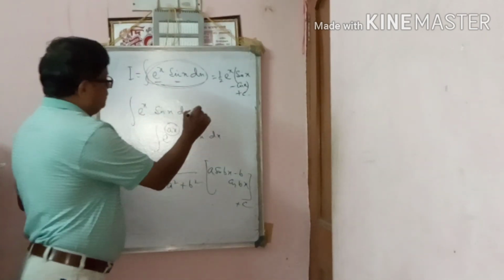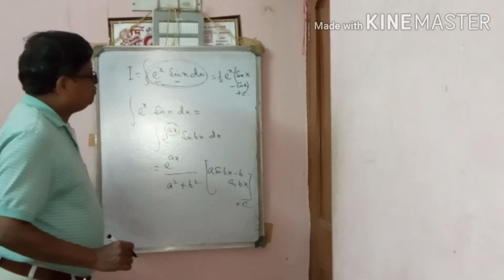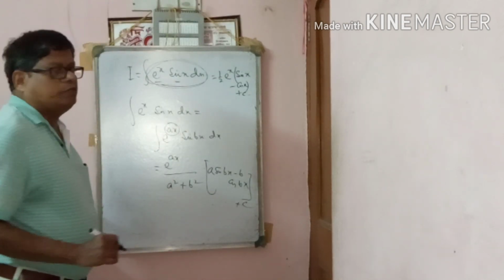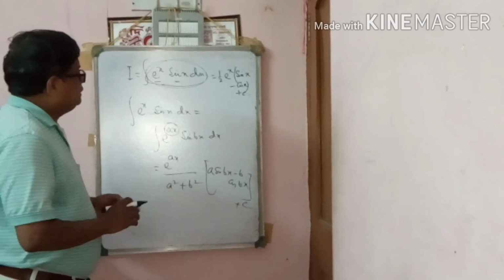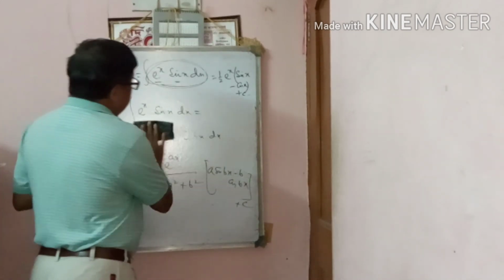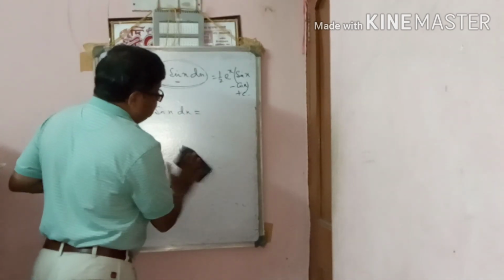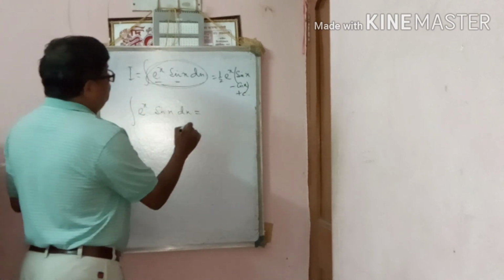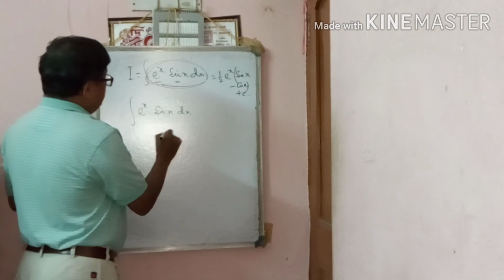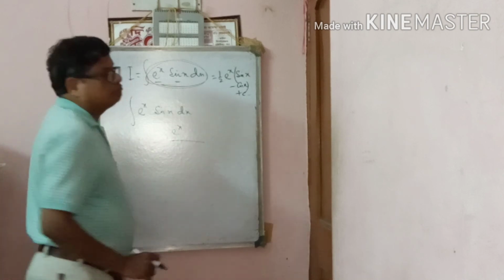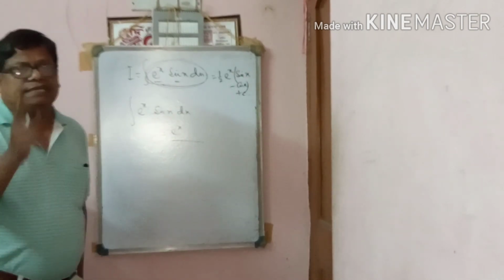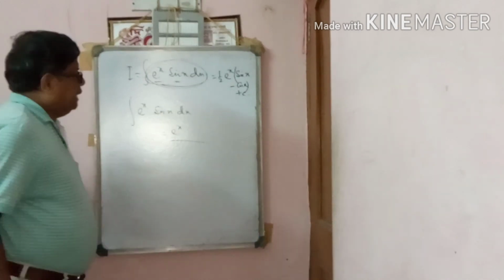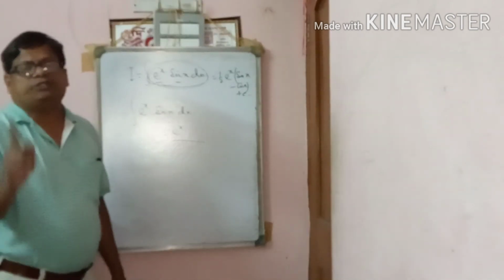Now you put here directly. I am writing the answer: e to the power x, first, right, x coefficient 1 and sin x, x coefficient 1.